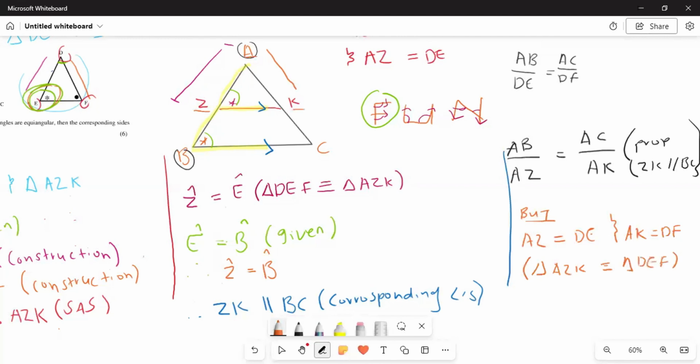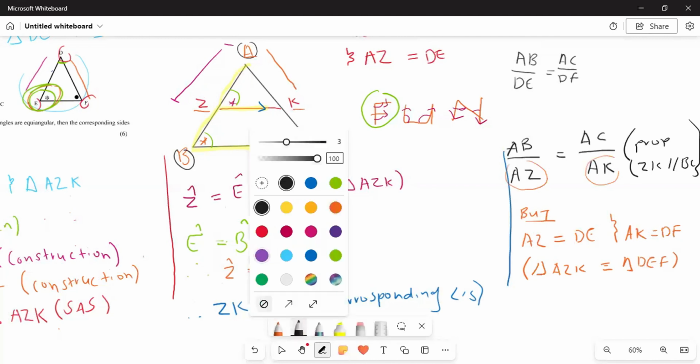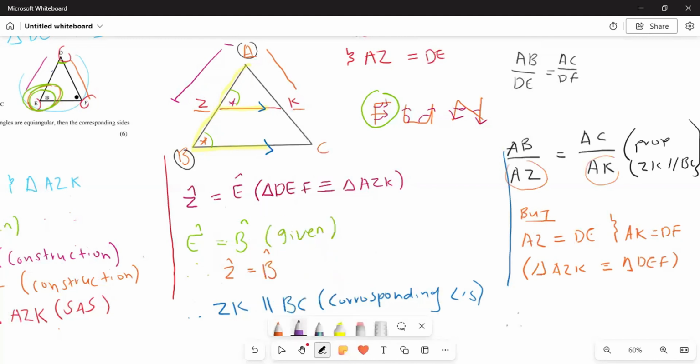Right. Therefore, where I see AZ, I can substitute DE, and also where I see AK, I can substitute DF. Right, let me go about doing that. So therefore, this is the same thing as AB over DE is equal to AC over DF, which is what we were required to prove initially, right? And this would be your final answer.